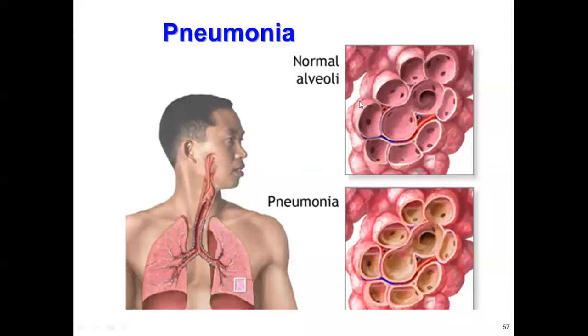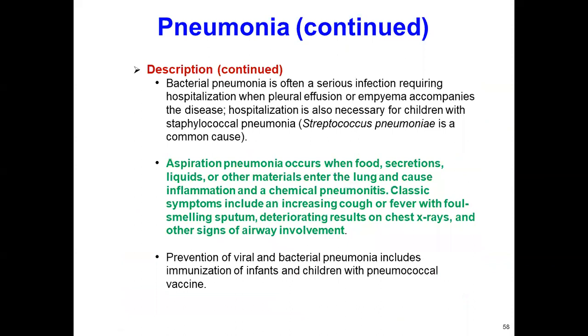In this picture, we can see the normal lung alveoli, but in the case of pneumonia, we can see infection in the lung alveoli because of this organism. In this definition, bacterial pneumonia is often a serious infection.